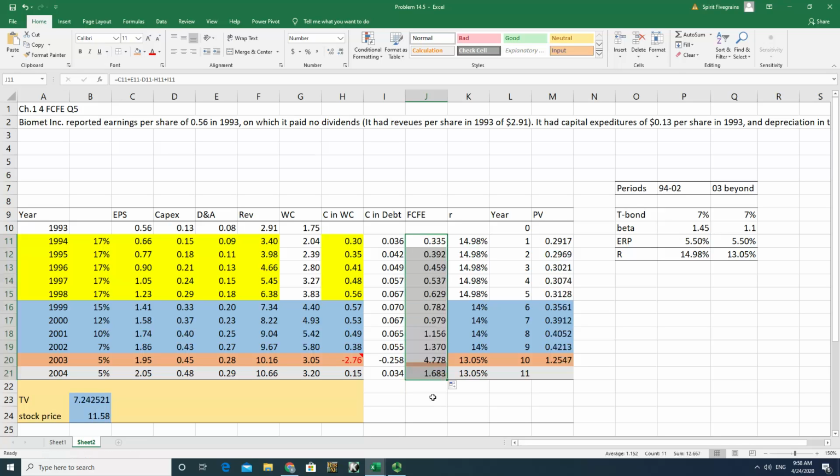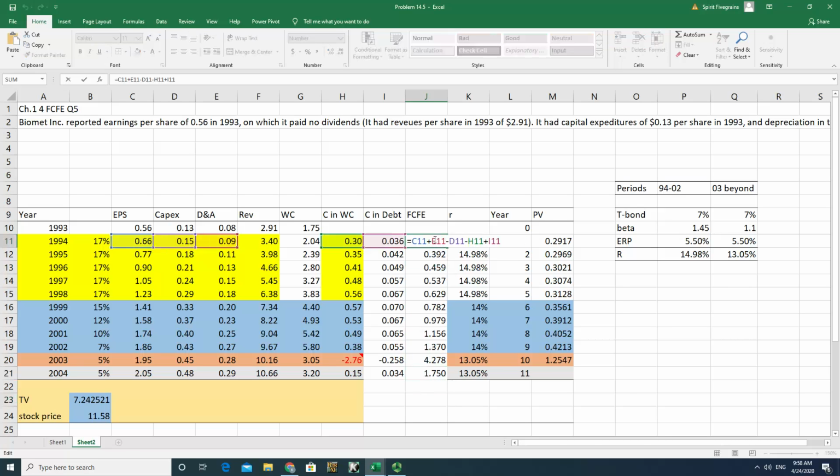This equation will be the same all the way down to the end. Let me double check. EPS plus depreciation minus capex. Okay, that's right. That is the net capital expenditure. Then minus change in working capital, and plus change in debt. Okay, that is correct. And then the cost of equity.